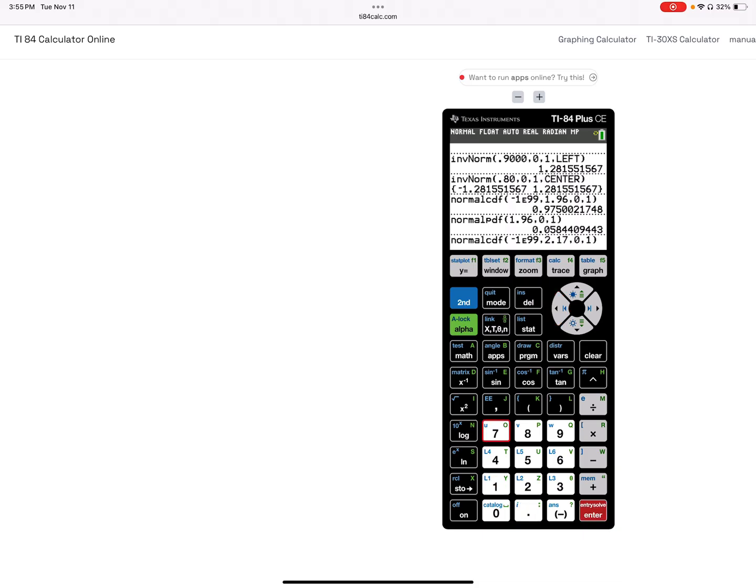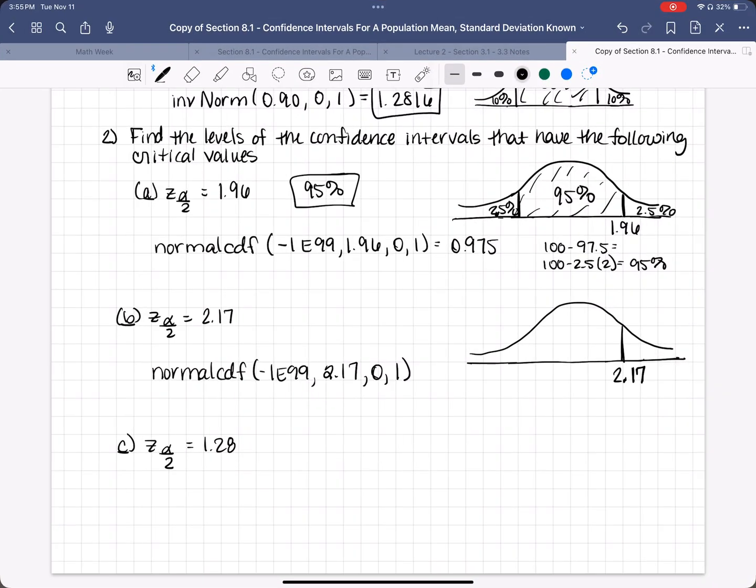That's going to give me 0.9849. That's 0.9849. Remember, that's not the answer. This right here is about 98% is what we're looking at. Okay. So that means this chunk is 2%, right?